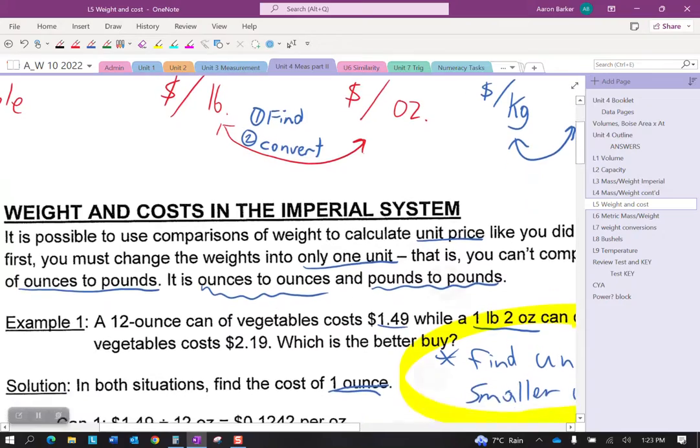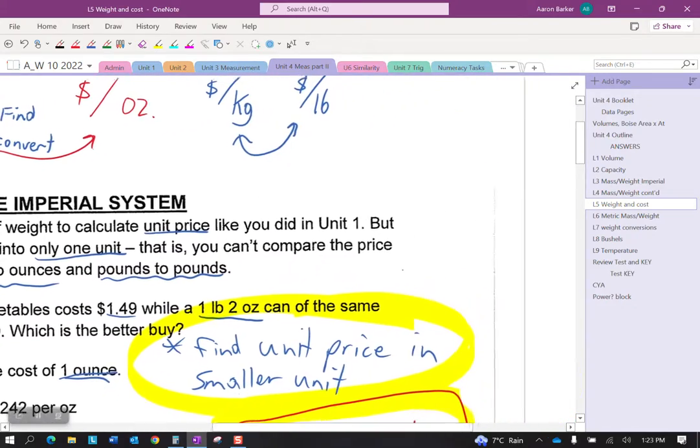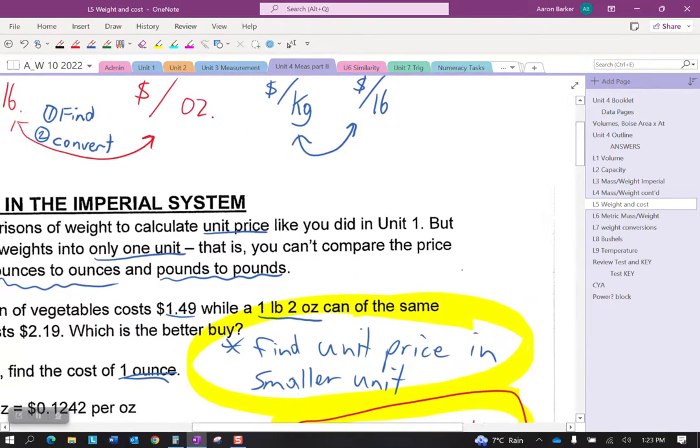A couple things. Number 1, before you even get started, write this down. It's helpful and usually easier to find the unit price in the smaller unit. There's some exceptions, but usually find the unit price in the smaller unit. For example, in this question, you have a can that's all in ounces, and you have another can that's in pounds and ounces. Well, you want to convert everything to ounces so it's easier.